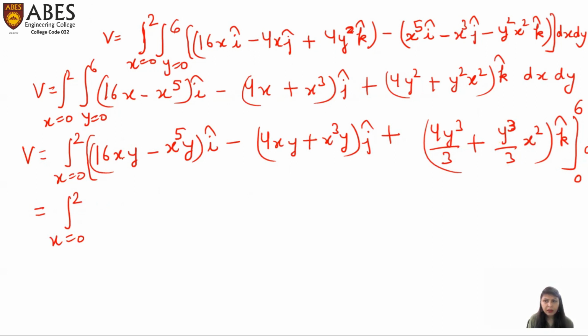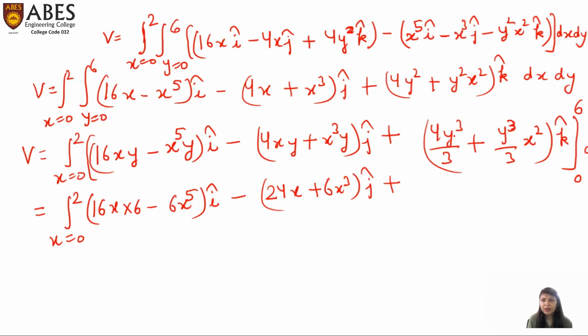Now we first put the upper limit, then the lower limit. The upper limit is 6 and the lower limit is 0, so the lower limit will give 0. We only put the upper limit: 16x into 6 minus 6x to the power 5 i cap, minus 4 into 6, when we put y equals 6, this will give 24x plus 6x cube j cap.